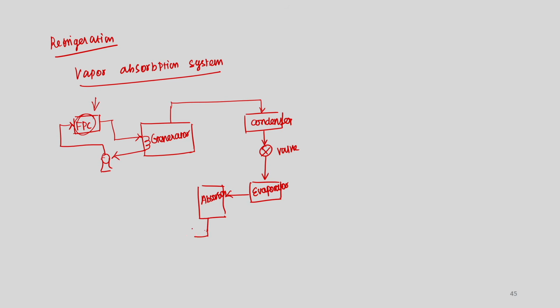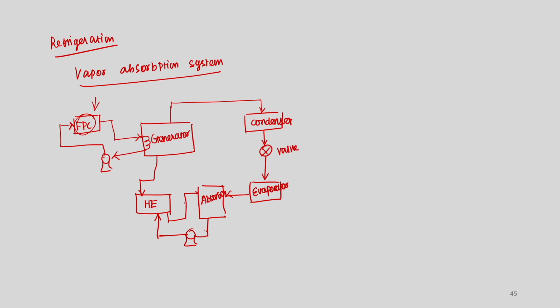This is pumped and goes to the heat exchanger. From the generator, the salt solution comes back and heats the incoming solution from the absorber.